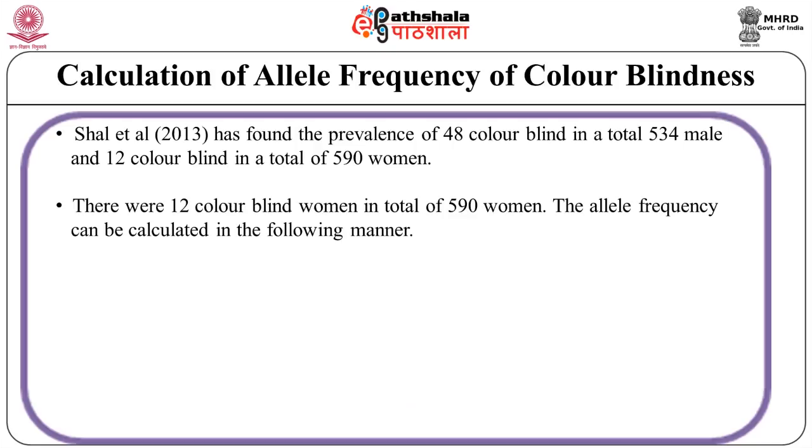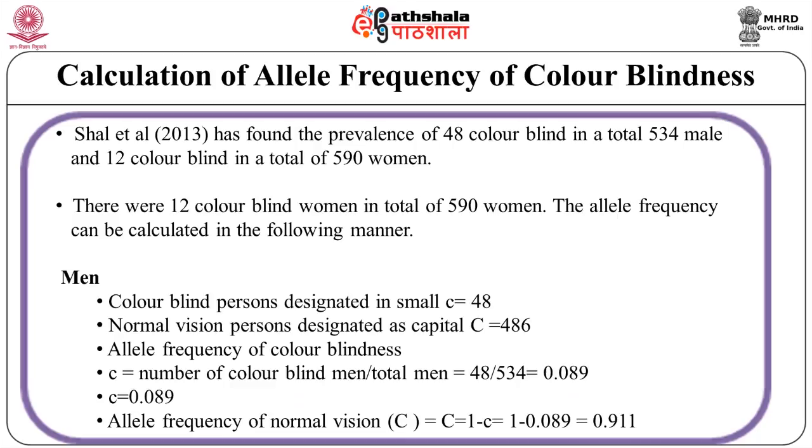The allele frequency can be calculated in the following manner. If a colorblind person is designated small c, that is 48, and a normal vision person is designated capital C, that is 486, then the allele frequency for colorblindness should be 48 over 534, that's about 0.089 for men.